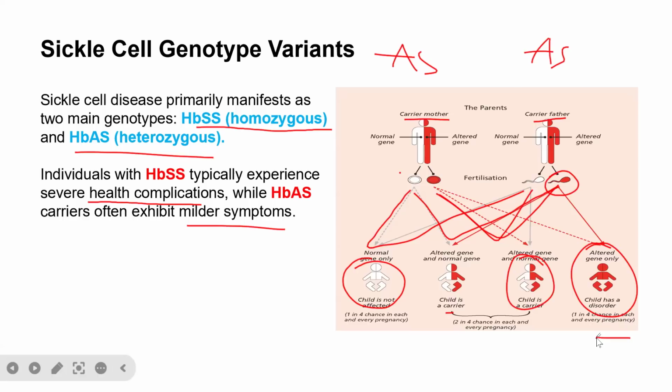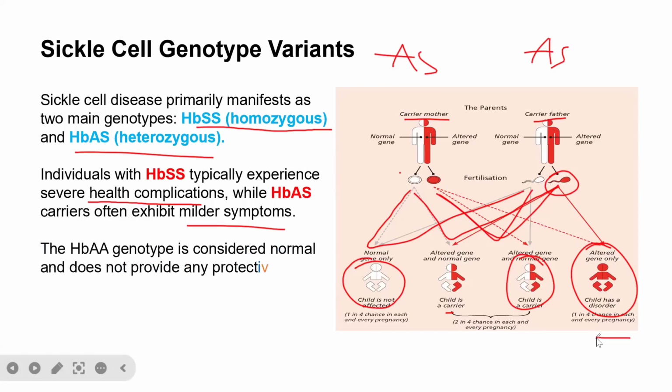So when S and S cross, the child has sickle cell disease. That is why, when getting married, it is very important to know the genotype of your partner, to prevent giving birth to a child with the disease, because sickle cell is one of the most complicated diseases I have ever seen in my life.